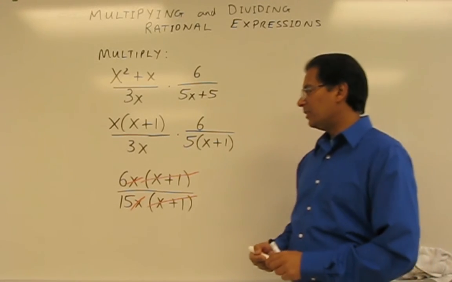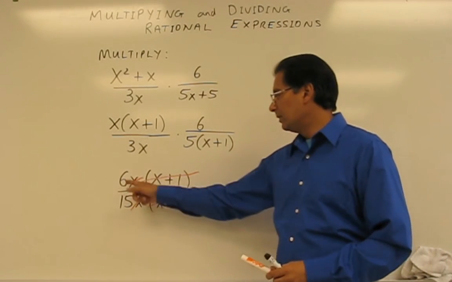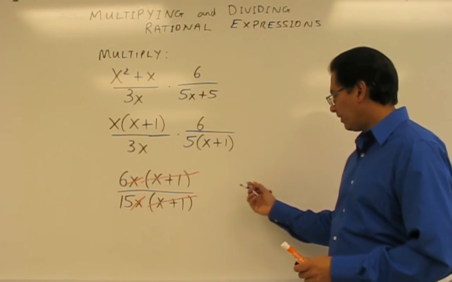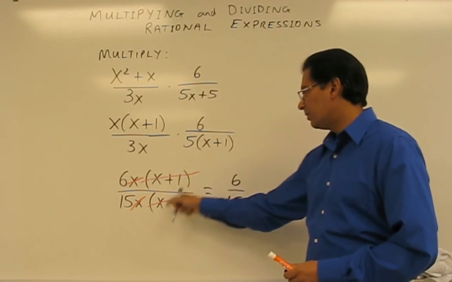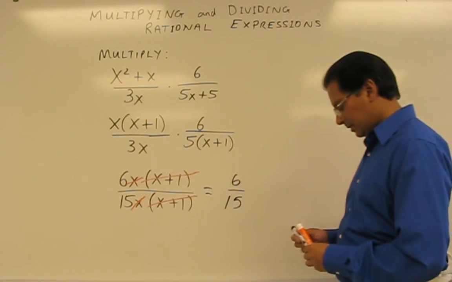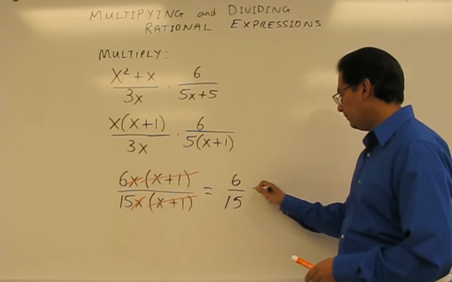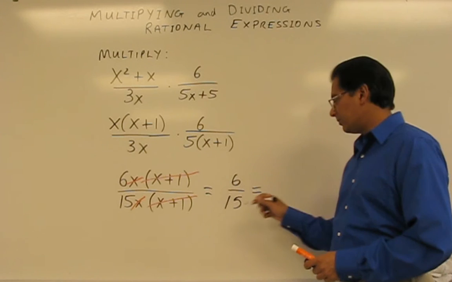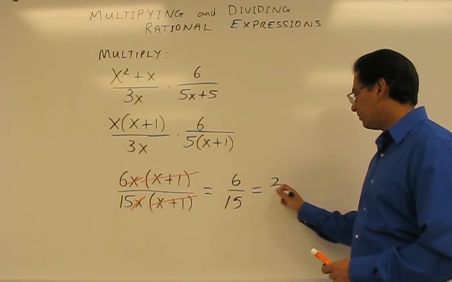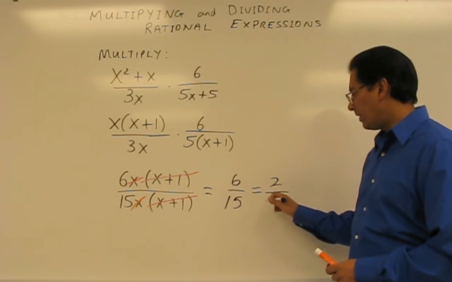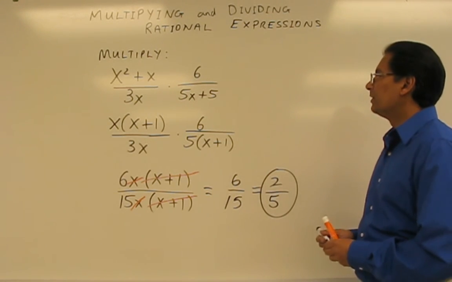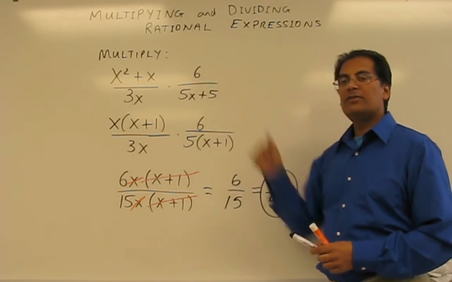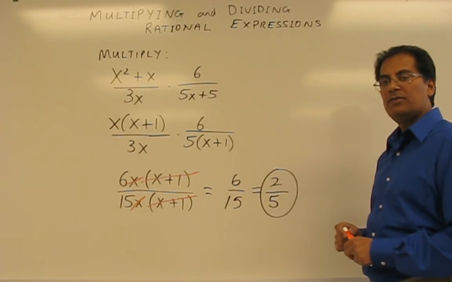And we will see that 6 and 15 also have common factors. So in other words, if I rewrite this as 6 over 15, because each of these terms have cancelled to give me 1, that can further be reduced to, well, 3 can go into 6 2 times, and 3 can go into 15 5 times. And so my final solution is 2/5. So when I multiply these two expressions here, I end up with just 2/5.